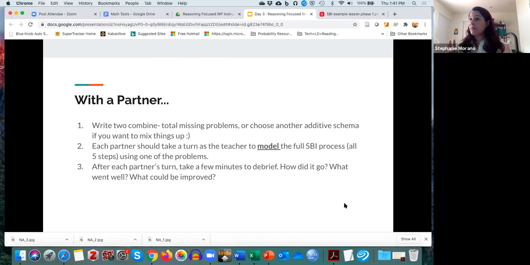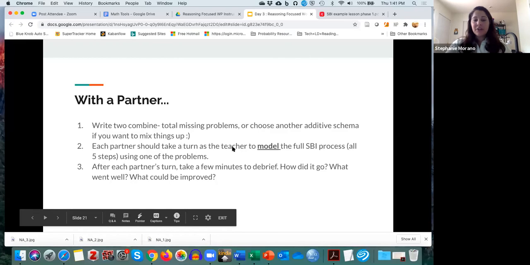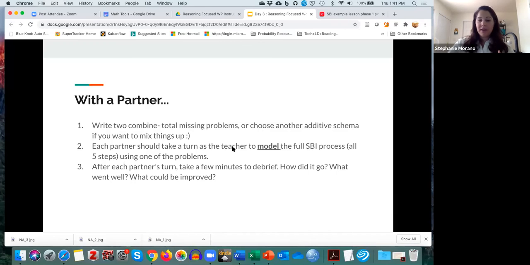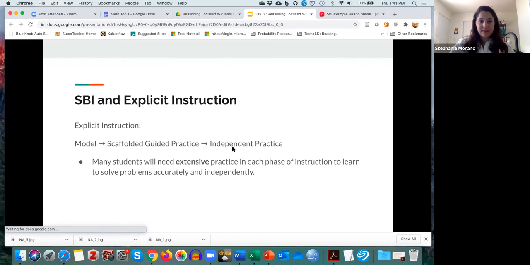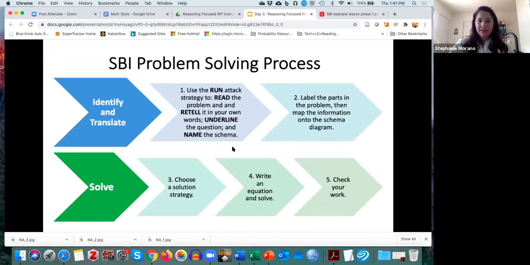But each person in your group, work together, write a problem for each of you that fits into the schema that you choose. And then take turns modeling the whole process. So model the whole process, which again is represented in this graphic.